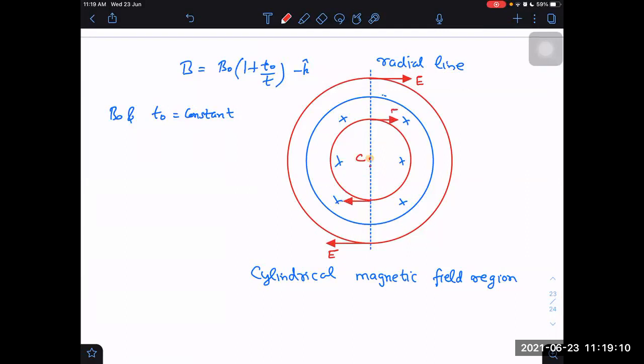So it is E1 and E2. But wherever I take, always it will be perpendicular to the radial lines because of the symmetry of this situation.